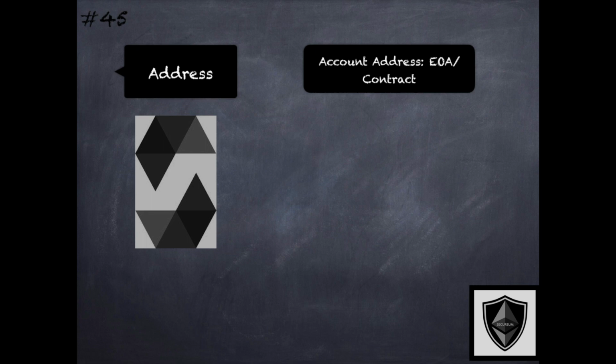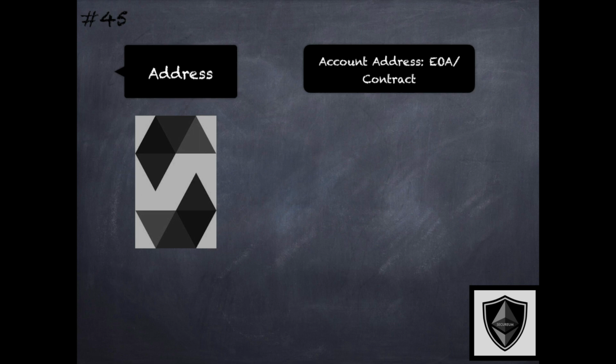Now, this is different from the addresses that you might have encountered in other programming languages such as C and C++, where they really refer to the variable's memory address when you're dealing with pointers or references. But here, address signifies something very different, and that's really the account address.